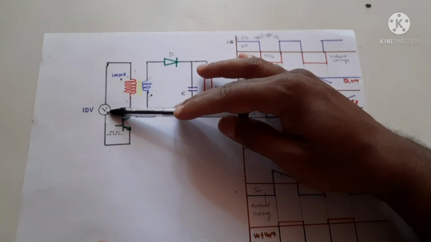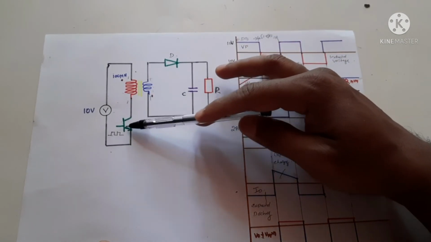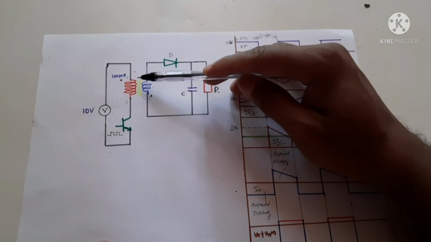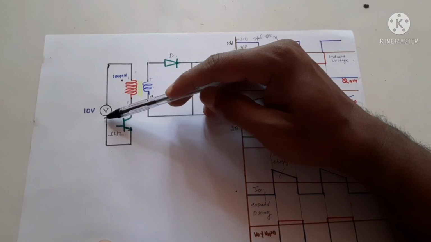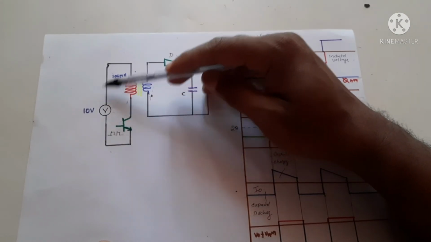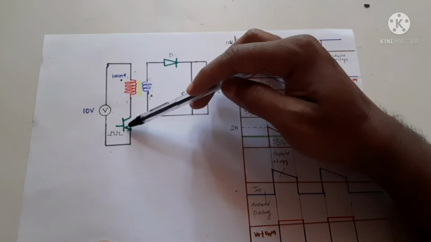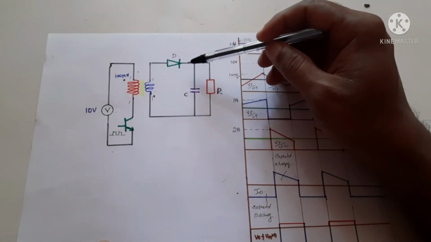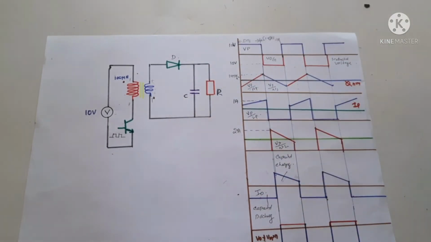This transistor has this 10 volts plus this 10 volts, 20 volts is the rating of this transistor. When this is running, the voltage across this will be minus here and plus here. This is also minus and plus. Minus plus minus plus means 10 plus 10, 20 volts it has to withstand. This voltage rating is 5 plus 5, 10 volts.